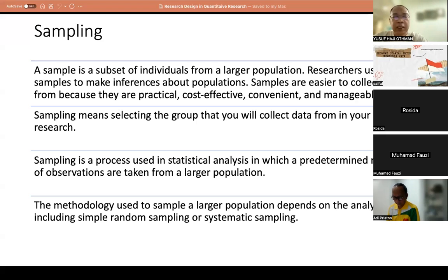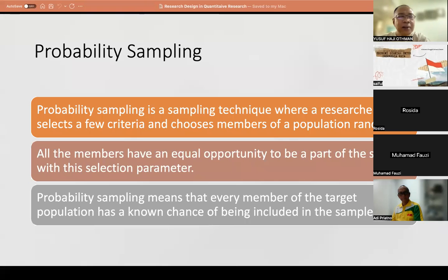So there are many types of sampling methods that we can choose. Which type is suitable for your research, you have to choose. Yeah, don't choose all. Choose only one of the sampling techniques. Any question? Okay.